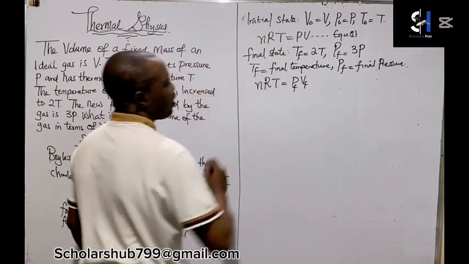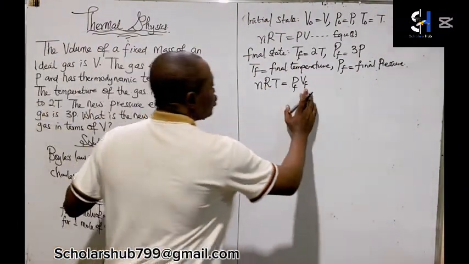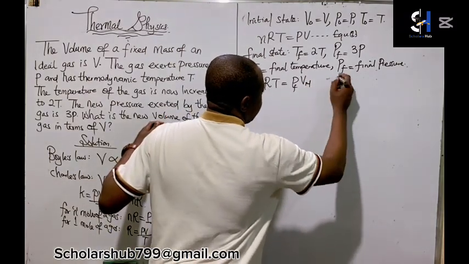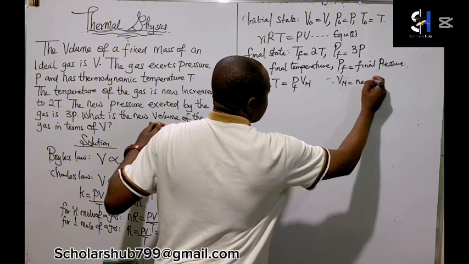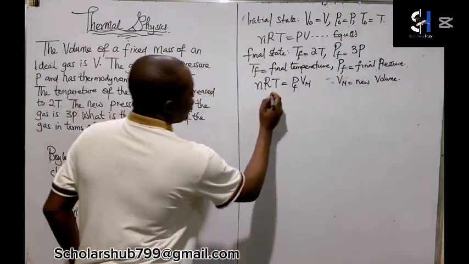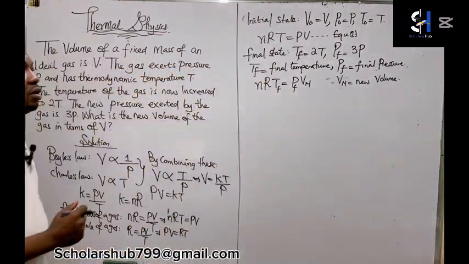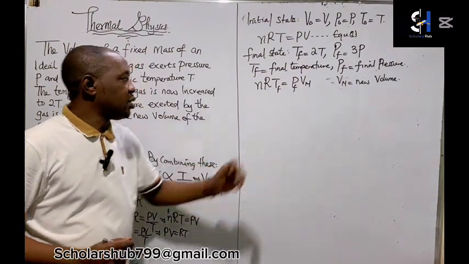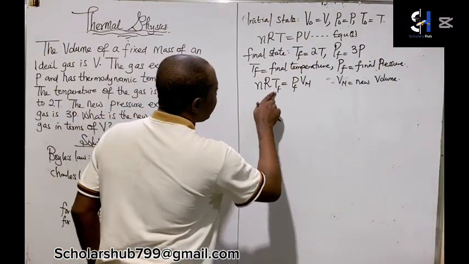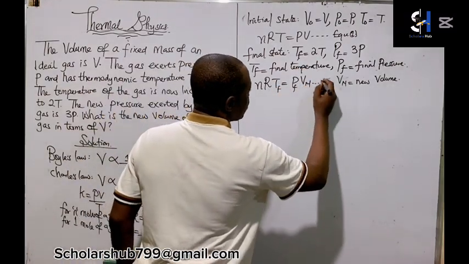Remember, we have a new volume, so we can use Vn, where Vn represents the new volume. Now we know that the final temperature is 2T, so this is the second equation.